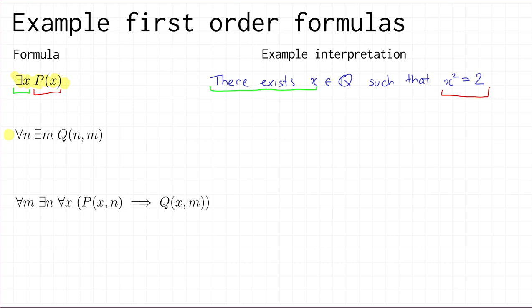So an interpretation of this first-order formula would be, for all natural numbers n, so we write n is a member of N to mean n is a natural number, there exists m in N. Again, if you haven't seen this funny symbol before, all it means is a member of, so m is a natural number.